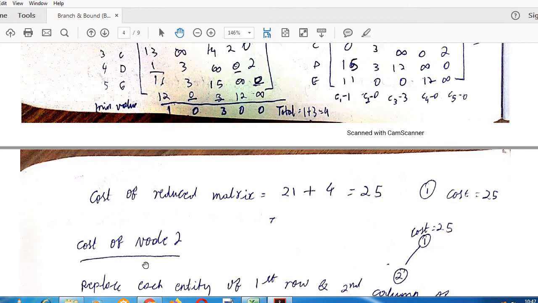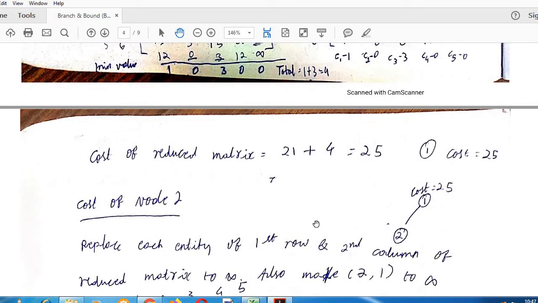When I am finding out the cost of node 2, starting from node 1, there are a total of 5 cities. From node 1 I can travel to node 2, then node 3, node 4 and node 5. So I have to find out the cost of node 2, then node 3, node 4 and node 5.